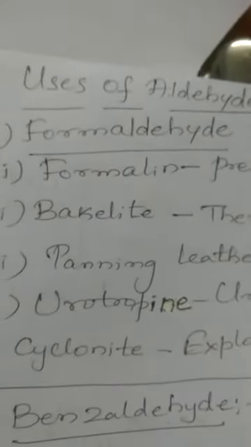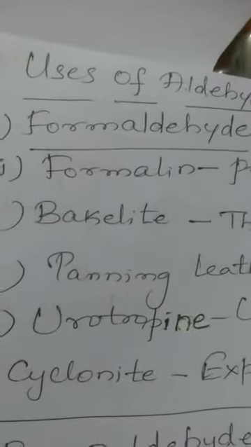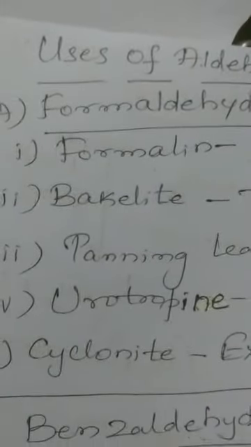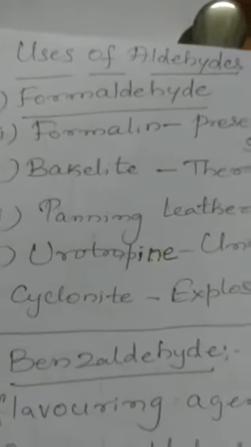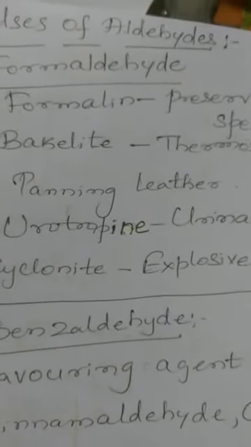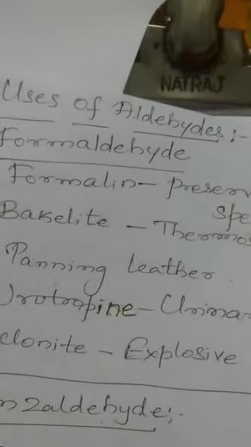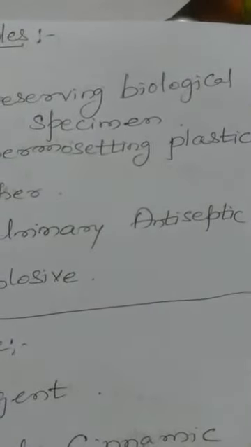Now coming to the last part, to know one or two uses of formaldehyde, the first member of the aliphatic aldehydes, which is a gas. The very first use is in the form of formalin, which is a 40% aqueous solution of formaldehyde. It is used for preserving biological specimens.